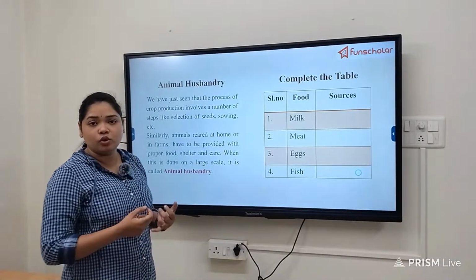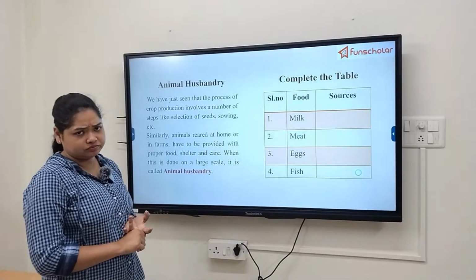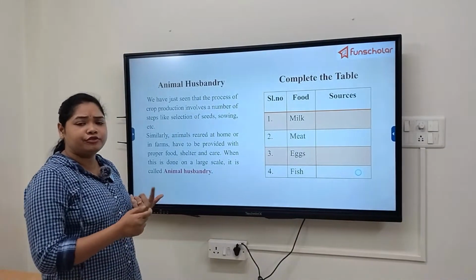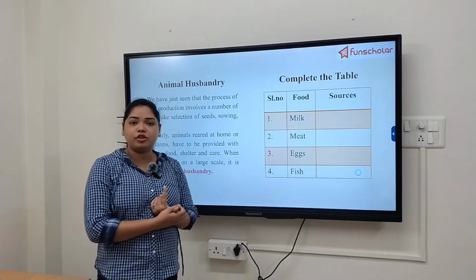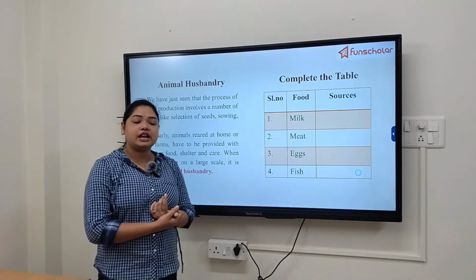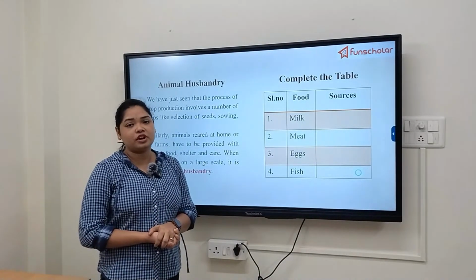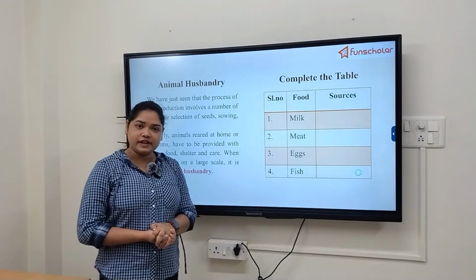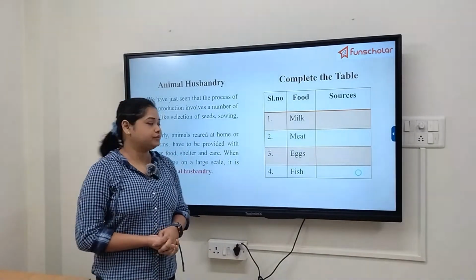They are goats, cattle, hens, fish, and honeybees for honey and lot more. So these animals and insects are very useful to us for our day to day life. They help us with the products that they produce.